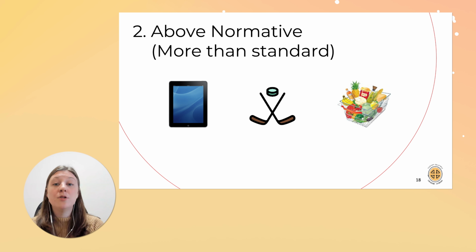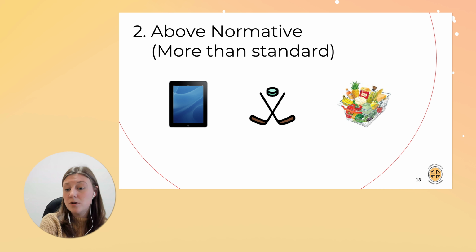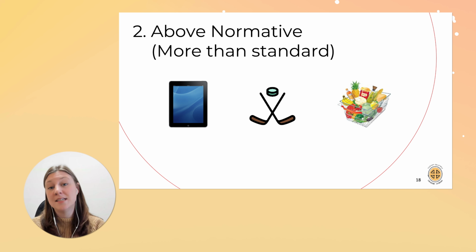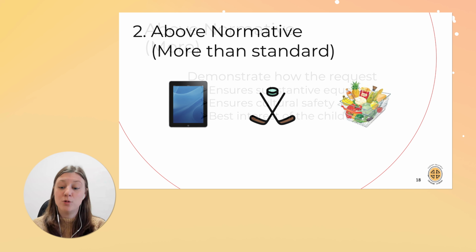Some other examples of above normative services or products that have been requested through Jordan's principle are food allowance, basic necessities, land-based activities, specialized programs, summer camp, sensory tools, assistive technology, and much more.